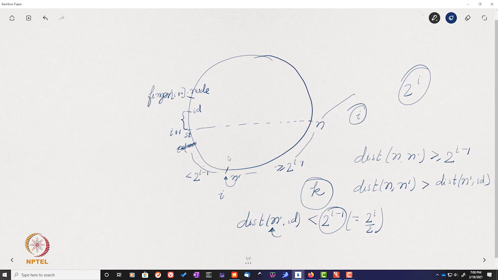So as far as we are concerned, the distance from n dash to ID, if I were to just count the nodes, I can ignore this part because I'm sure that there is no node over here because of the logic that I just gave. So if I were to break this in expected number of nodes, let me define a new distance metric, which is the number of nodes that lie between n and n dash, expected number.